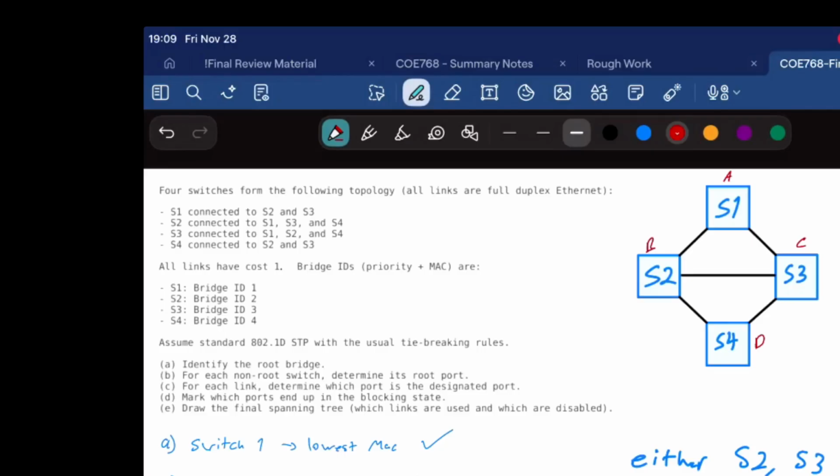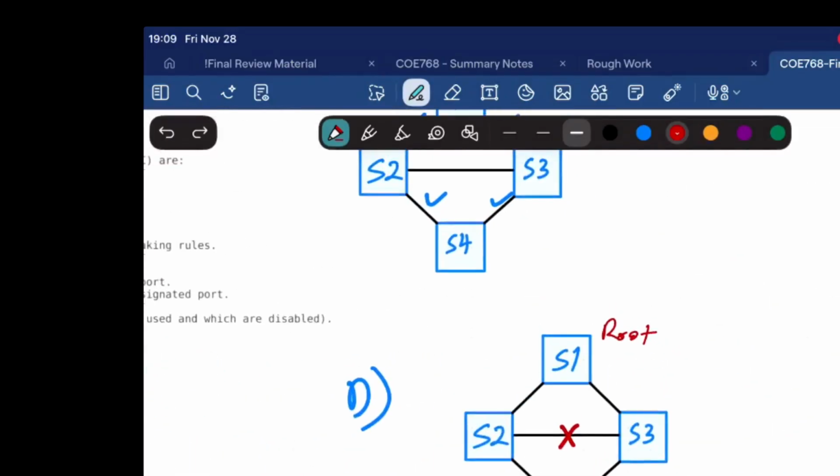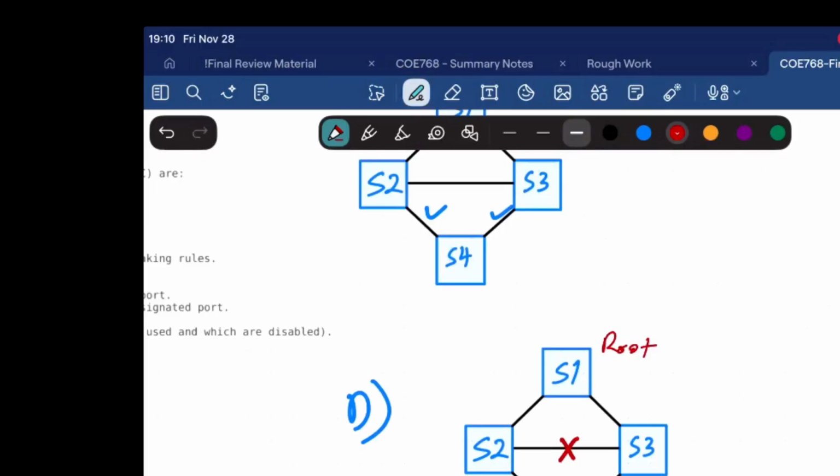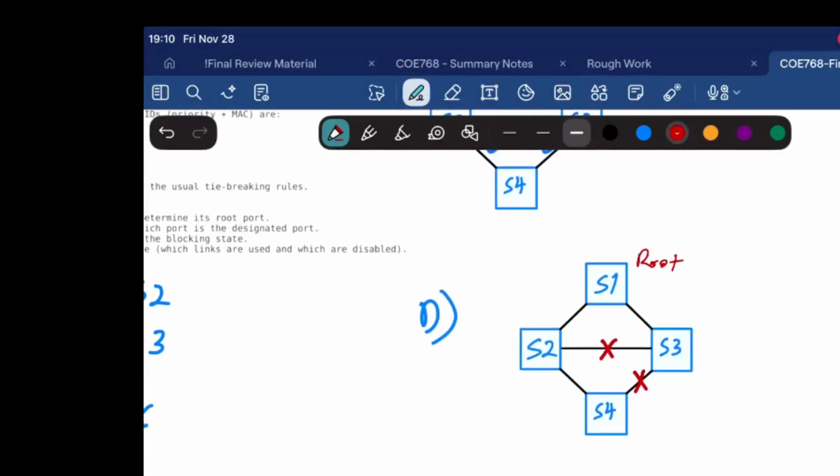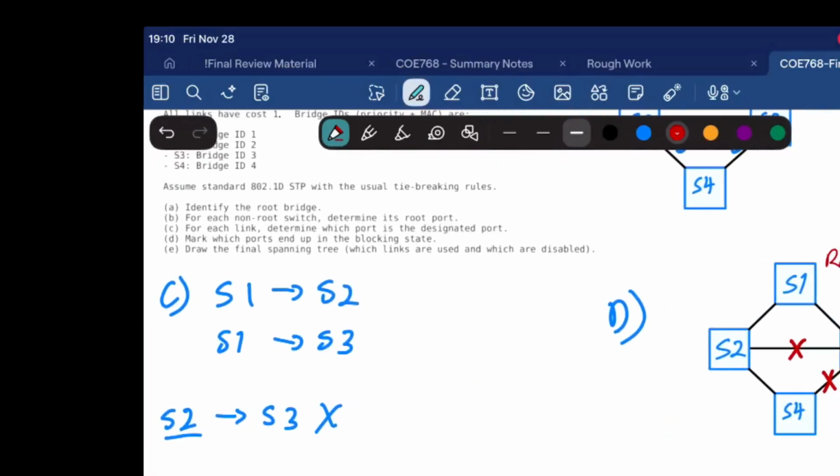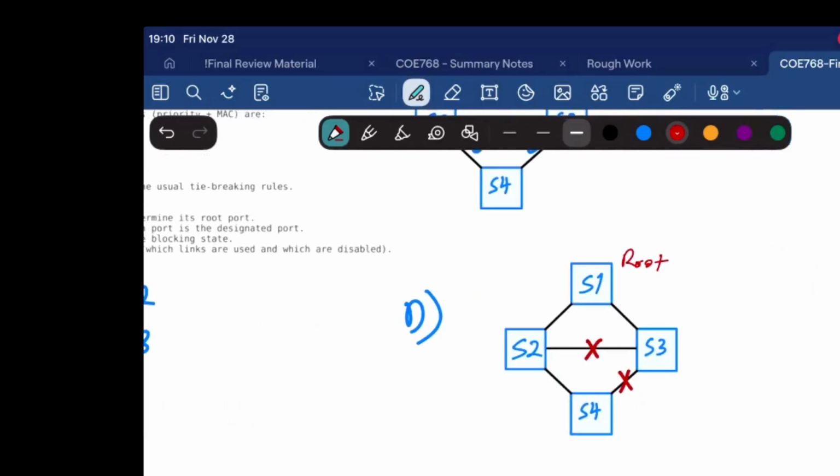In the previous one, since we know that S4 chooses S2 to communicate, we also can state that the link between S3 and S4 can also be set into its blocking state. And lastly, part E is asking us to draw the final spanning tree, which is used with the disabled ports turned off or just removed outright.